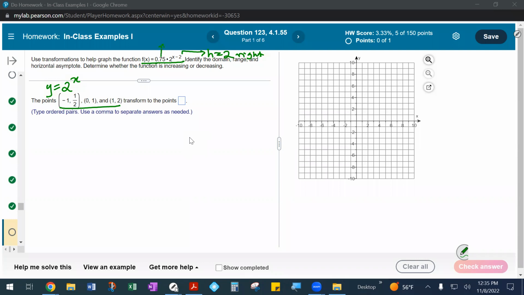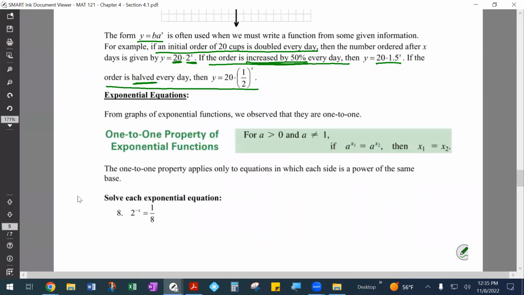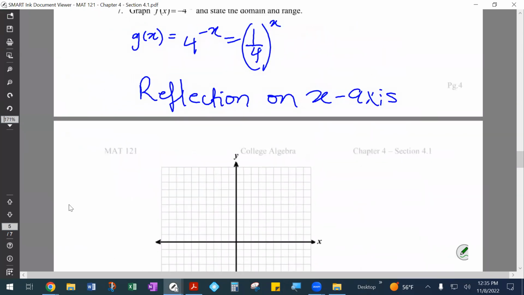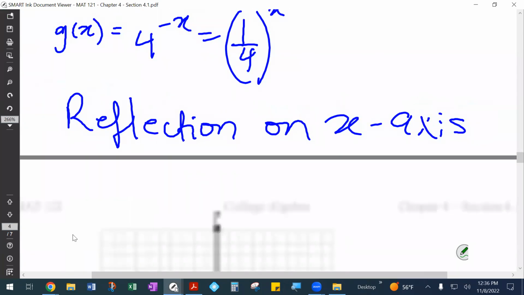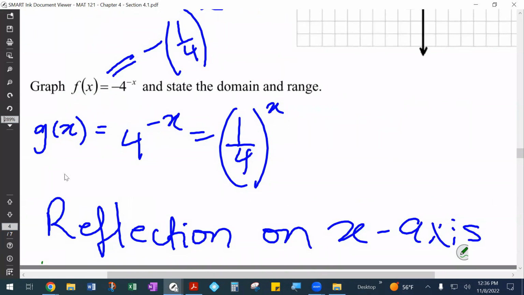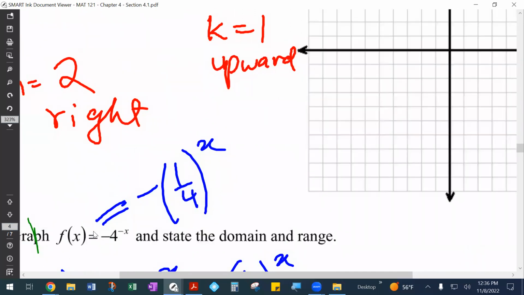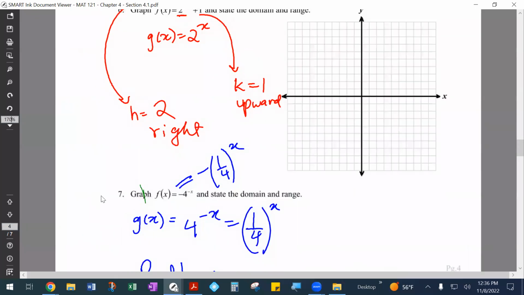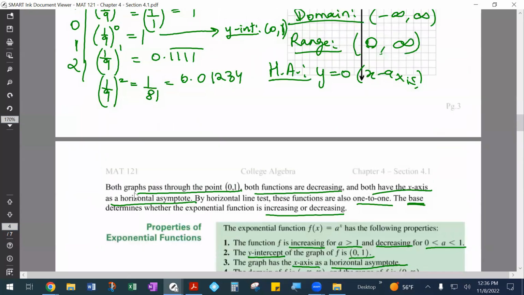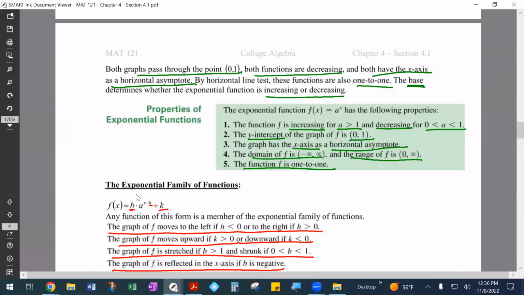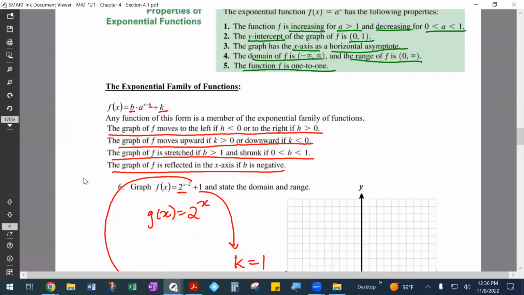What is the 0.75 telling us? Stretching or shrinking? Stretching or shrinking, that's that b value.